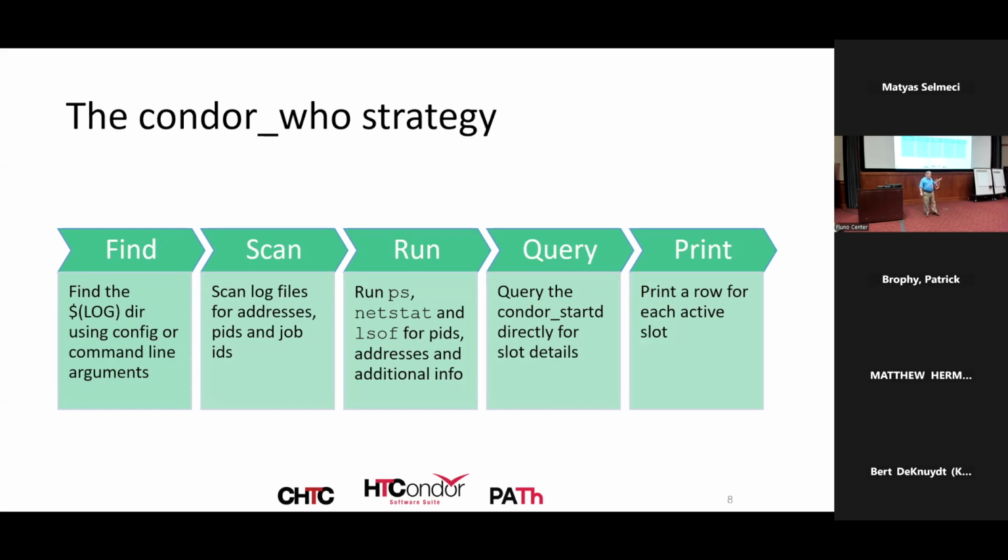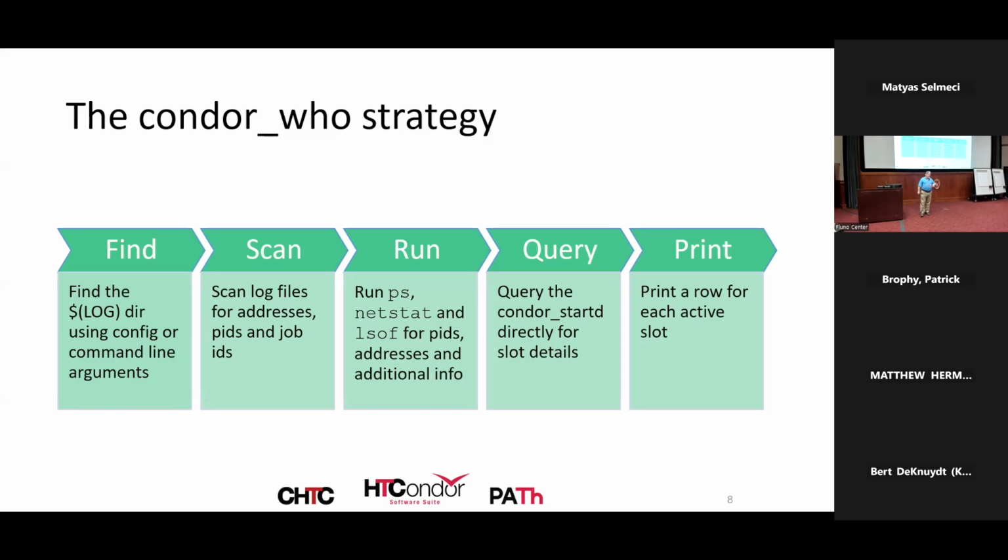So the first part of the strategy is we find the log directory. If Condor Who is in the same Condor installation as the EP it's trying to query, that's easy. It just looks in its own config file, finds the log directory, and then it scrapes through all those log files. Inside the log file, there will be the process ID of the daemon and the address of the daemon.